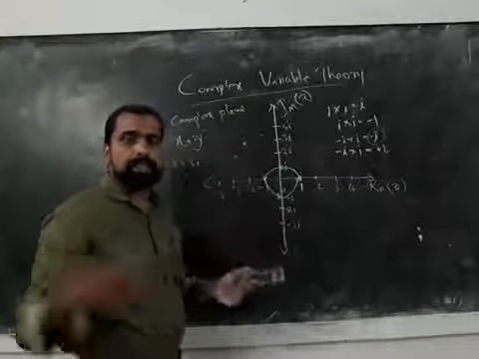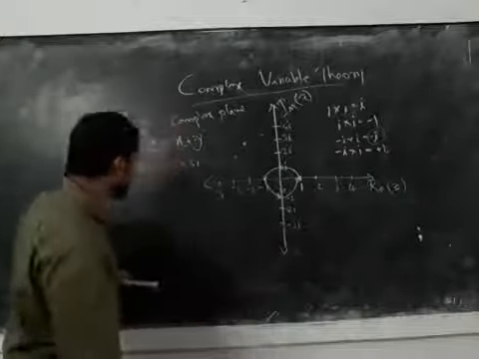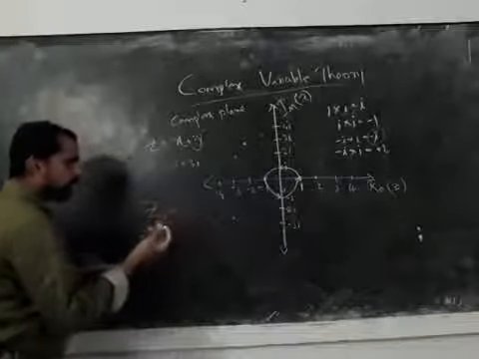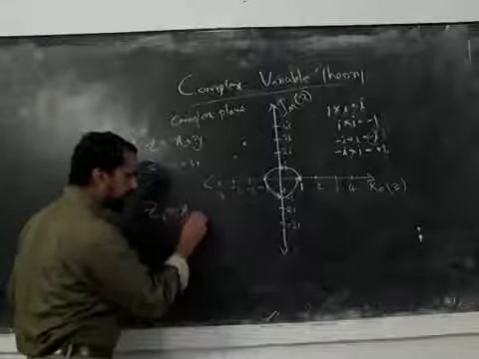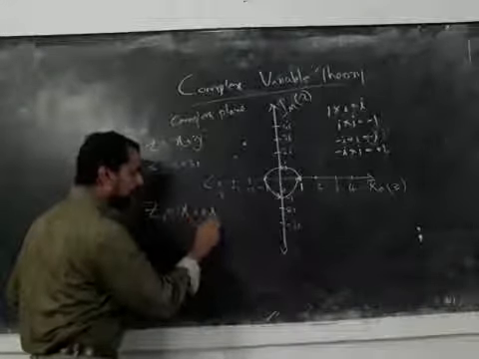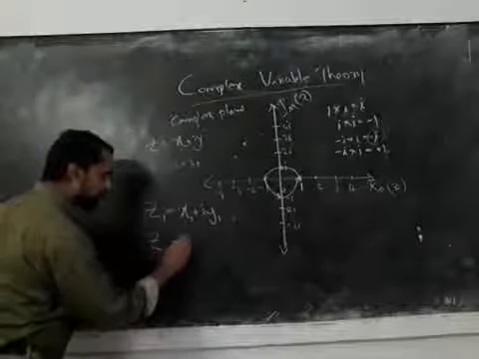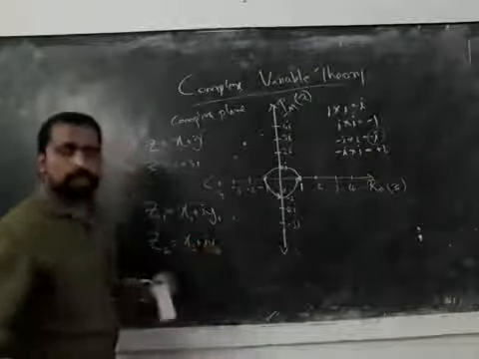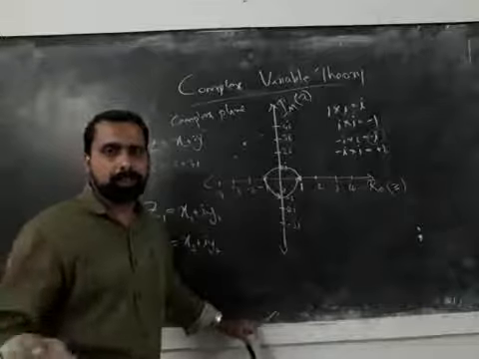Another thing we studied is a few of the properties. If you have a complex number z1 equal to x1 plus i y1, and another complex number z2 equal to x2 plus i y2, in this fashion, you can add them together.